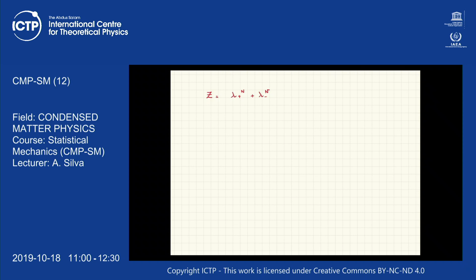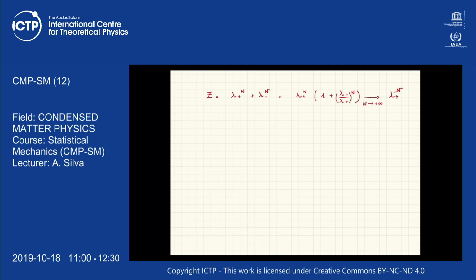And I told you that one is larger than the other in absolute value, so I could take the largest, lambda plus to the n, and write this as 1 plus lambda minus over lambda plus to the power n. And therefore it's clear that in the thermodynamic limit, when n goes to infinity, this is just lambda plus to the power n.